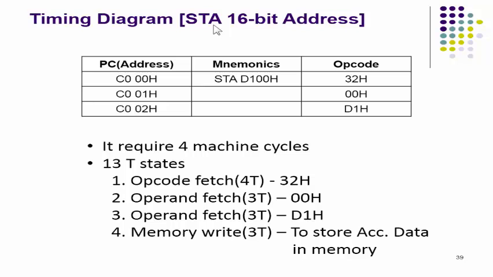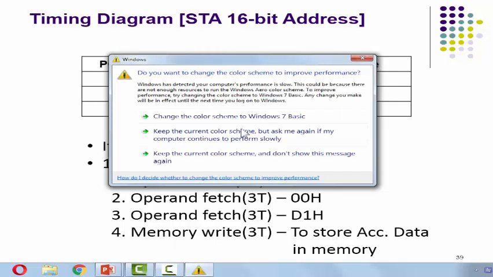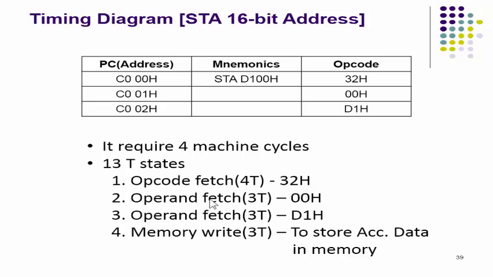So as the size of the instruction is 3 byte, it requires 3 machine cycles. Okay, that is opcode fetch, operand fetch and operand fetch. But the operation of this instruction is storing of accumulator content to a specific memory location in the memory.